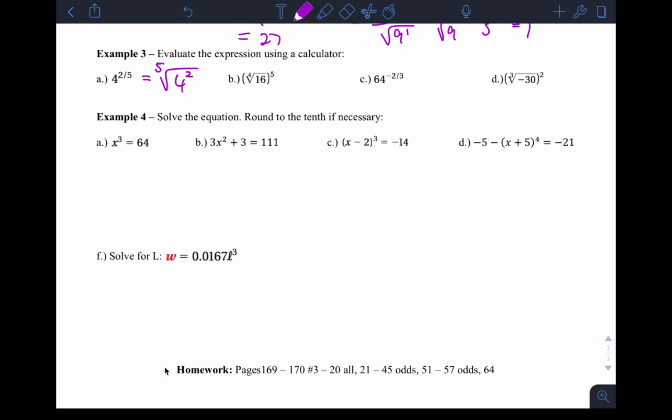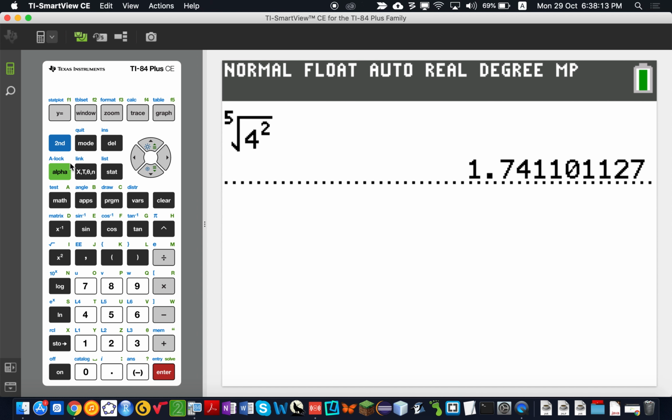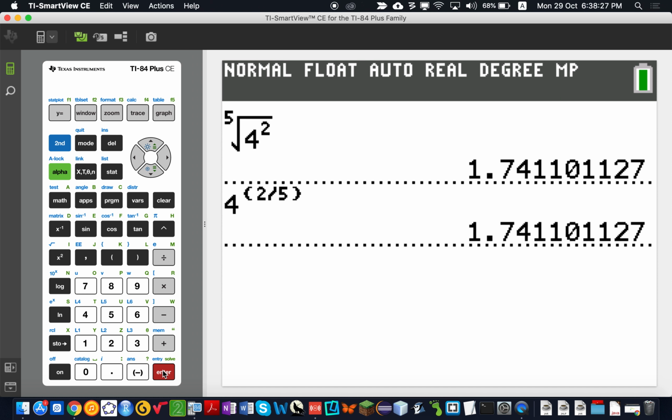So we can go here and say that's about 1.74. But actually we can enter this in the calculator directly like this. That's not a problem either. So if we go back here, we just do basically 4 to the power, and put this in parentheses, 2 over 5. And what you get is the same answer.